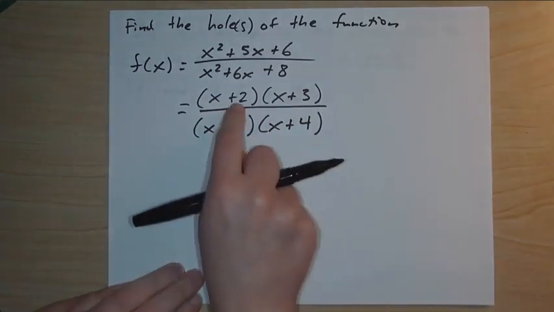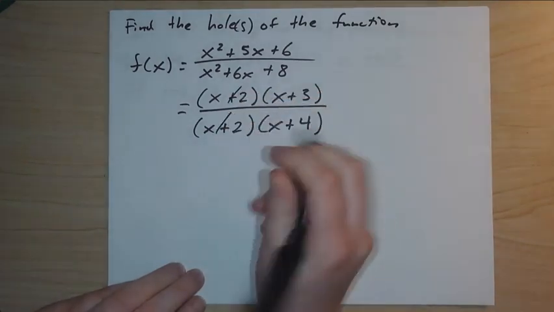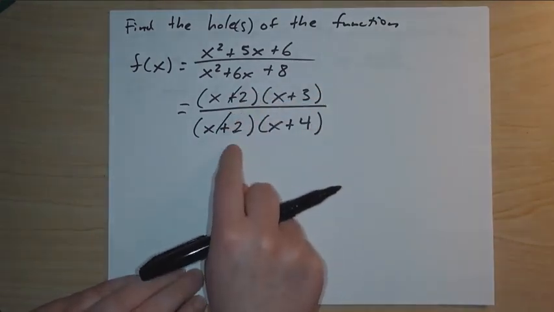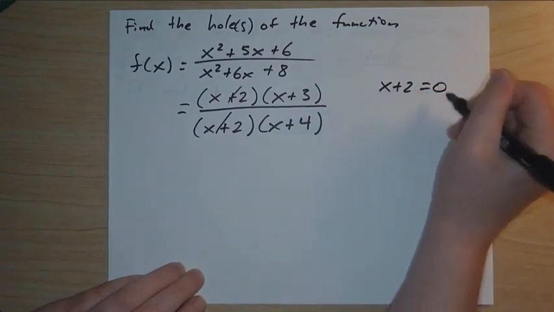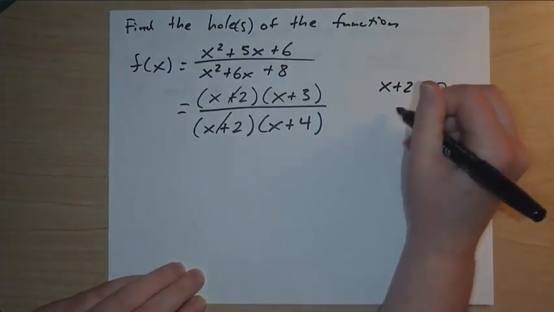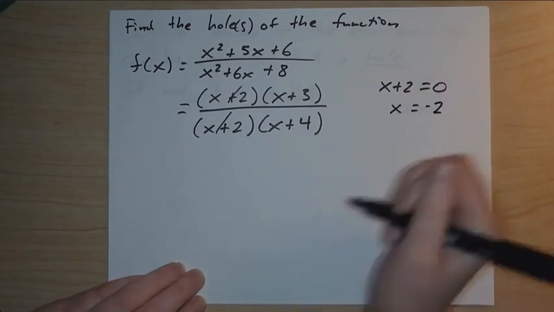And we see that x plus 2 and x plus 2 cancel. Now if something cancels like this, so x plus 2 cancels, and you set it equal to 0, it's a hole. So we have a hole at x equals negative 2.